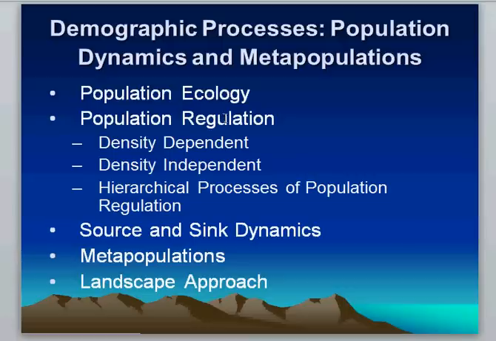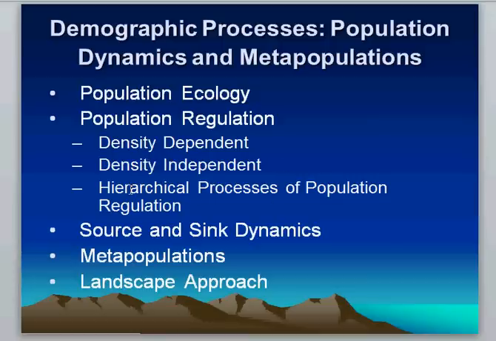Right, so in this lecture I want to talk a little bit about population ecology and in particular population regulation. There are two main types of population regulation: density dependent population regulation and density independent population regulation, or basically lack of regulation, I guess.